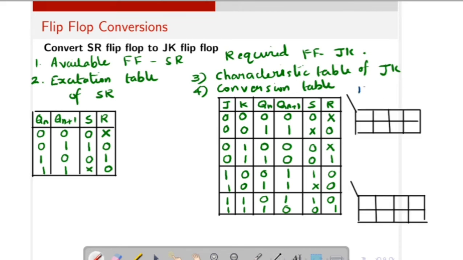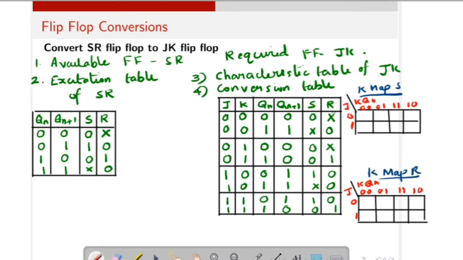This is the K-map of S and this is the K-map of R. We have to mark the inputs. Inputs are J, K and Qn. So here it is 0, 0, 0, 1, 1, 1, 1, 0 and here also 0, 1.